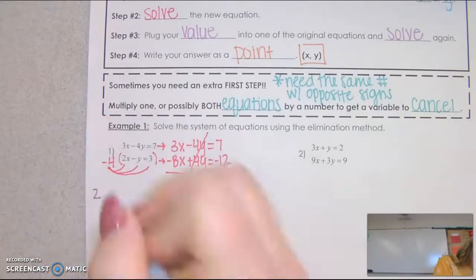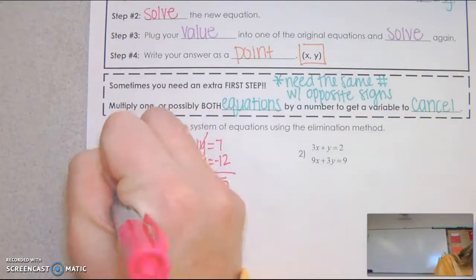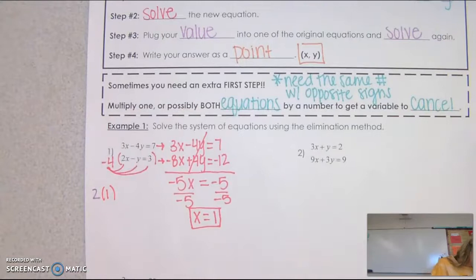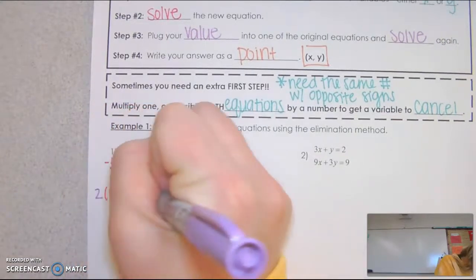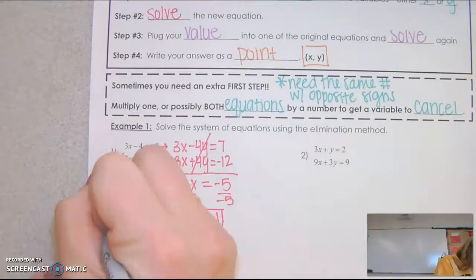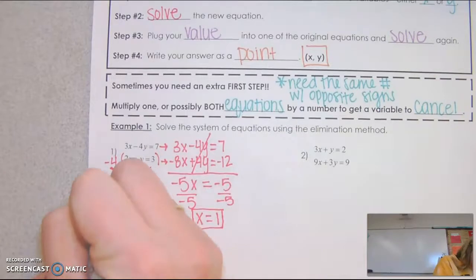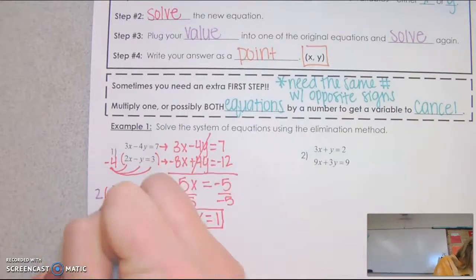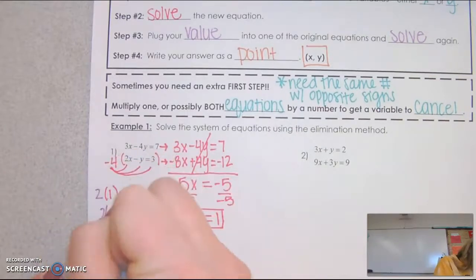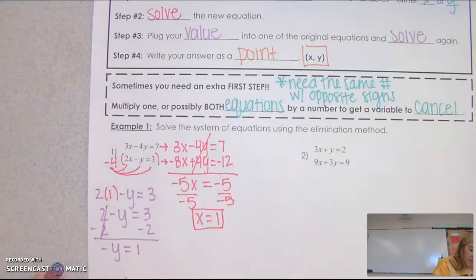So I have 2 times 1, because that's my x value, minus y equals 3. 2 times 1 is 2. I need to subtract that 2 over to get y by itself. I have negative y equals 1.